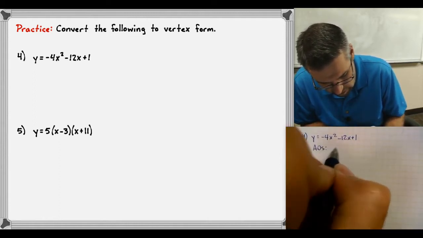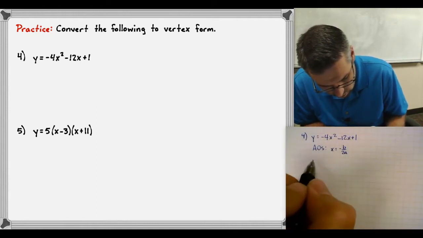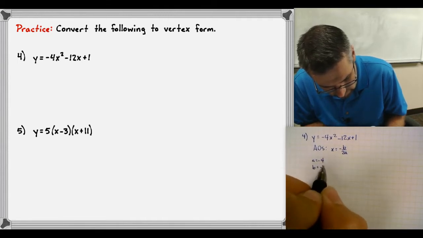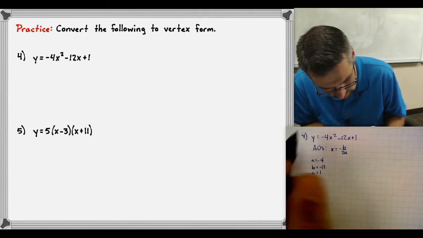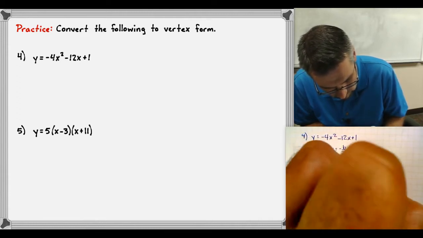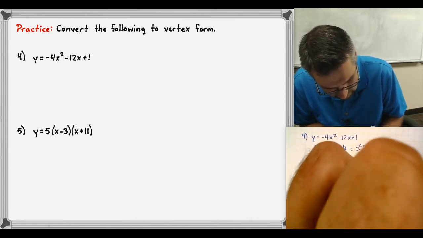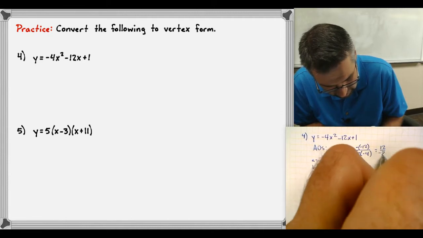Axis of symmetry is x equals negative b over 2a. So our a value is negative 4, our b value is negative 12, and our c value is 1. So our axis of symmetry is going to be negative negative 12 over 2 times negative 4. And then that can simplify to positive 12 over negative 8.